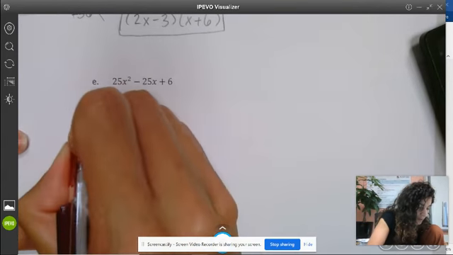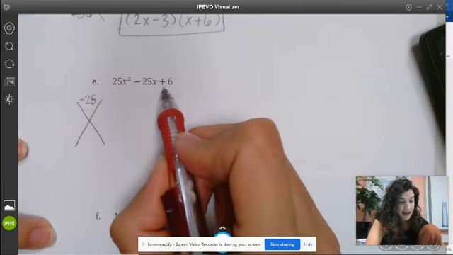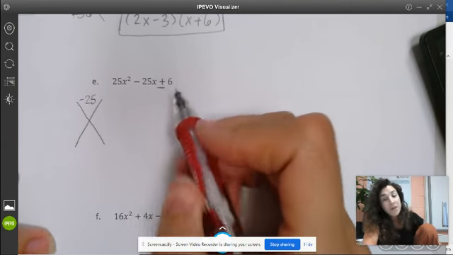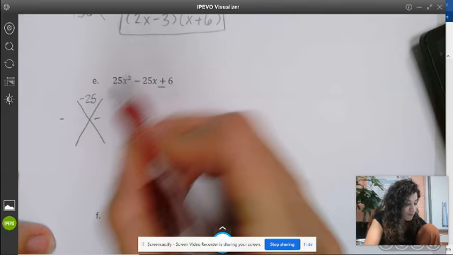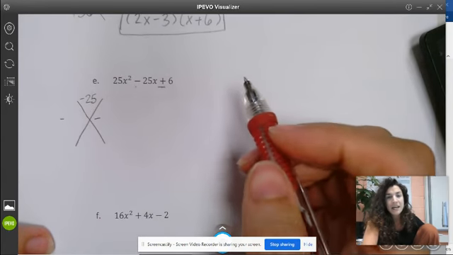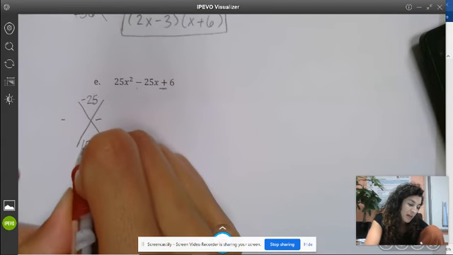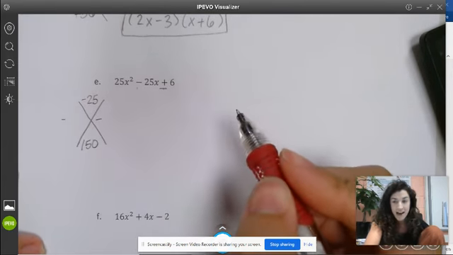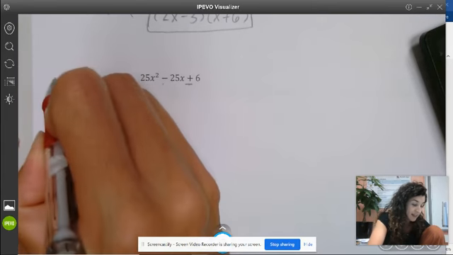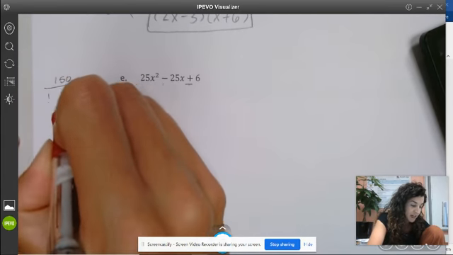For E, we want two numbers that add to -25. Add because this guy is positive. We know that both of them are going to have to be negative because this guy is negative. And then 6 times 25 is 150. So we want them to multiply to 150 and add to 25. This guy, I'm definitely going to make a list of factors to the side.